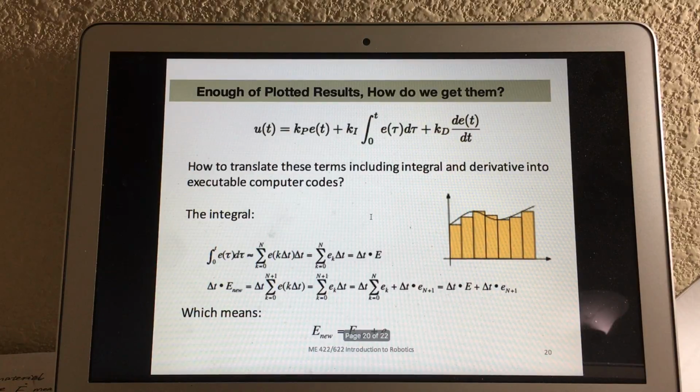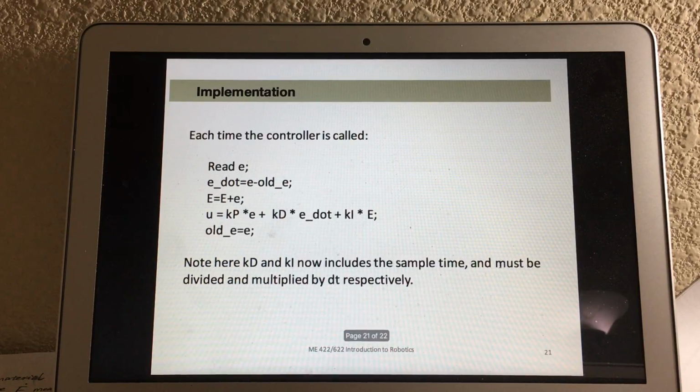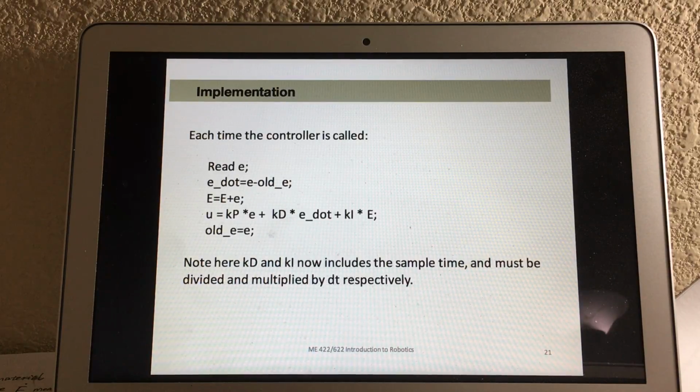Let's go back and check, because it should be Ki times this whole thing, but right now we are multiplying the big E. You see here this e new and this e here both have the dt there, so you need to pull that out. That's why the comment says must be divided and multiplied by dt respectively.